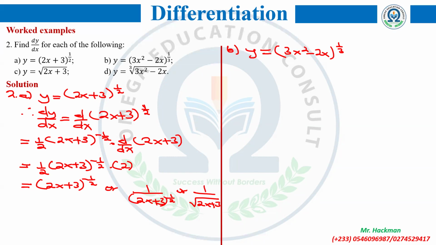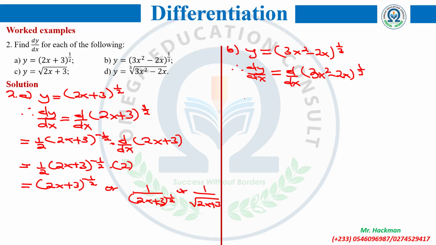Yes, please. Okay, so at this point, we are going to get d dx. We know our operator d dx of y will give us dy dx, and that should be equal to d dx of the right side, which is what we have here: 3x squared minus 2x all to the power 1 on 3.